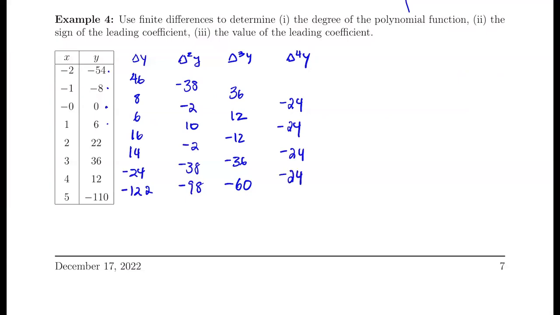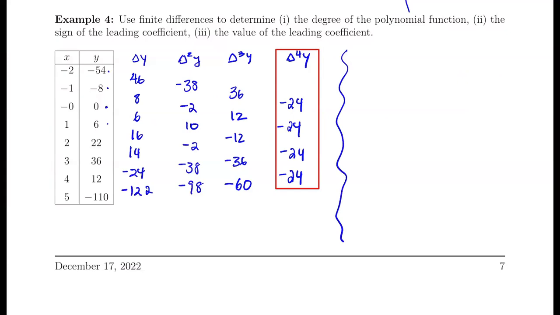There we go. Now we see that the fourth differences are all constant, and we get a value of -24. So for part 1, the degree here is 4, because the fourth differences are constant.